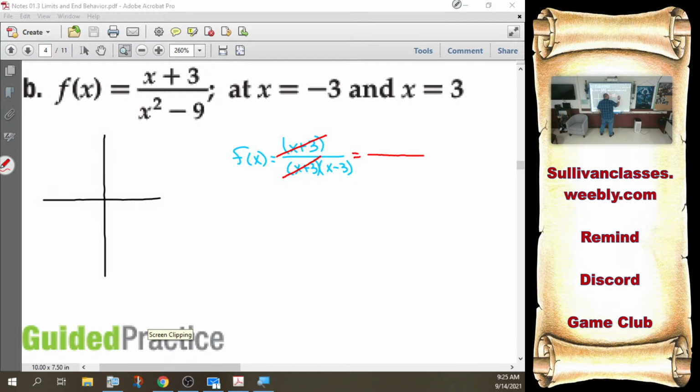Here's what's going to happen. I'm going to see this on my screen, because my calculator doesn't show holes. I just removed a factor. So it's going to show this graph with a hole at x equals -3.